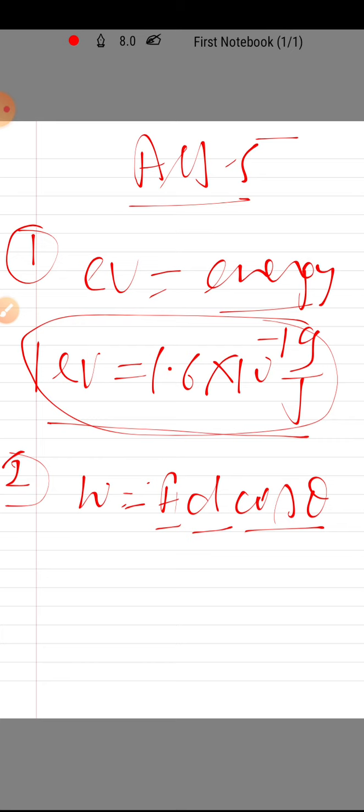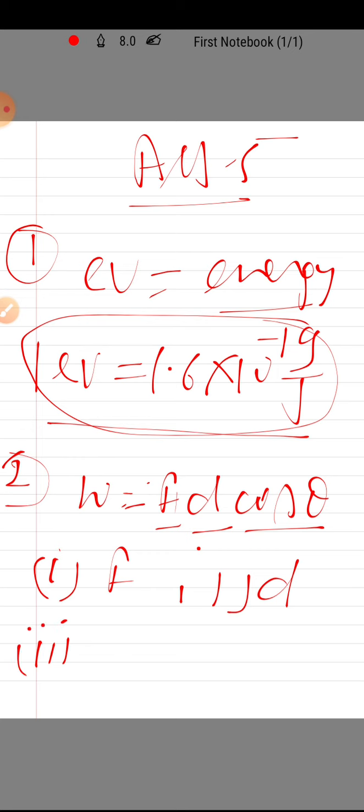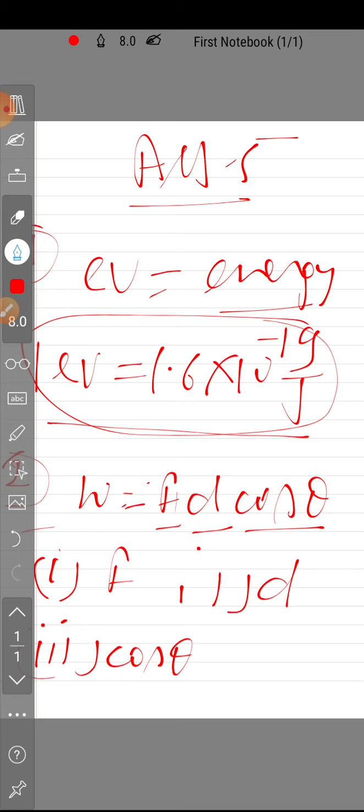So work depends upon three factors. First is force applied, second is displacement, and third one is cos theta. So we have to calculate the condition for minimum work and for maximum work.